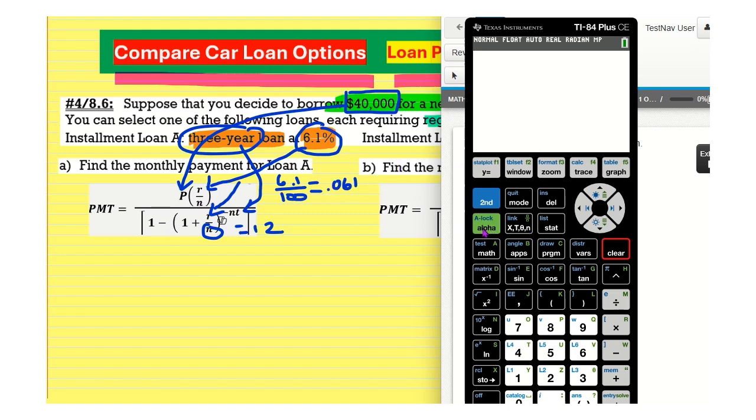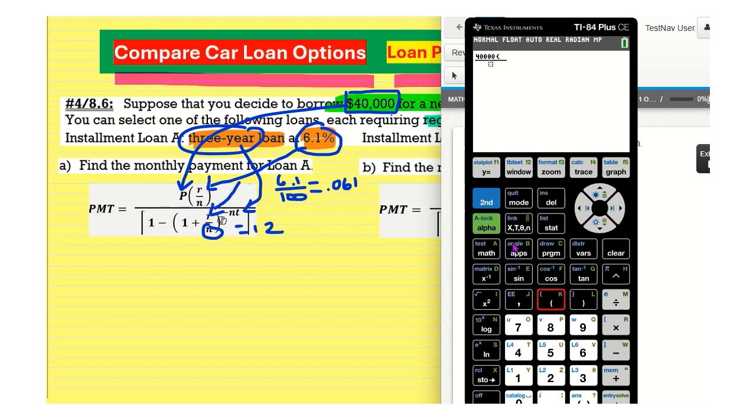Okay, so green alpha button, green F1. Alpha F1 gives the fraction function, numerator over denominator. So I can push enter to choose that. I'm going to start out with my principal loan amount, which is the 40,000. And I've got a parentheses here. I'm going to put the ratio of the rate over the number of payments per year.